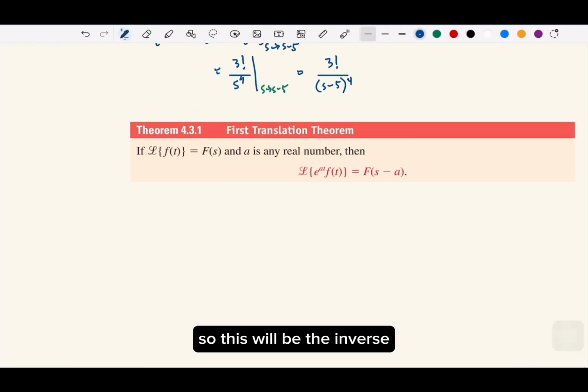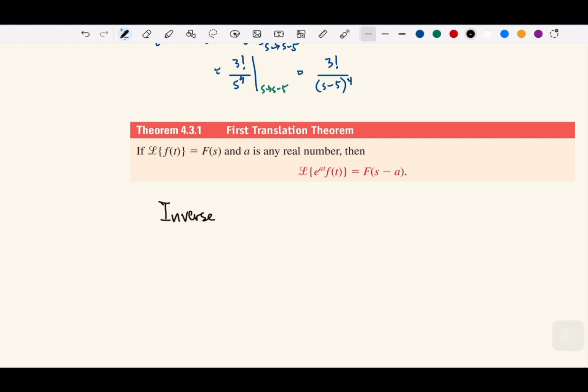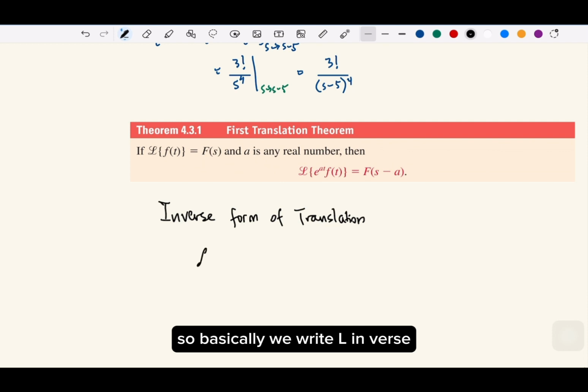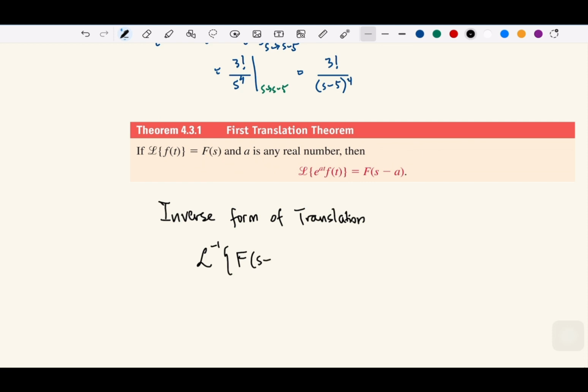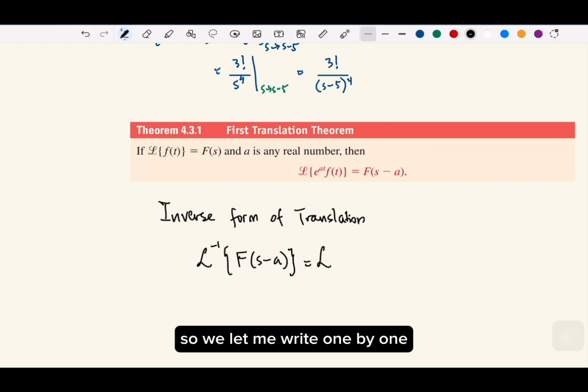So this will be the inverse form of translation. Basically we write L inverse, so let me write one by one.